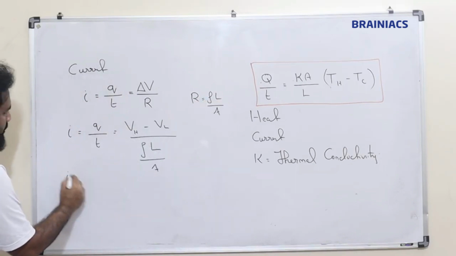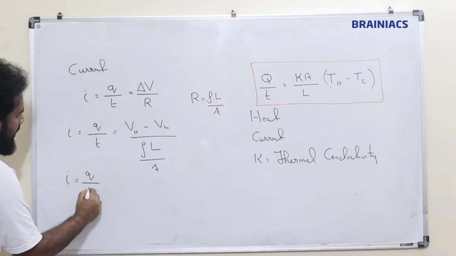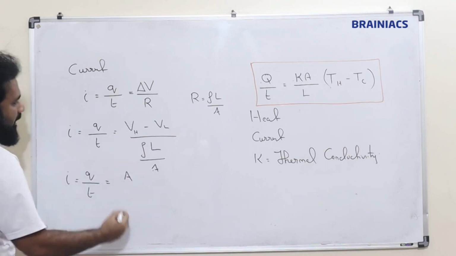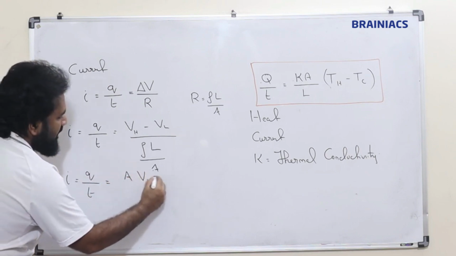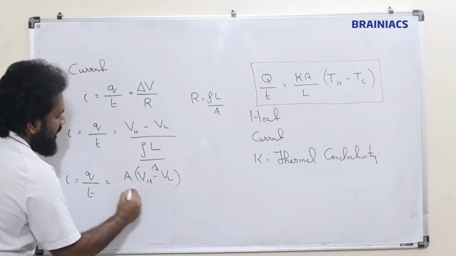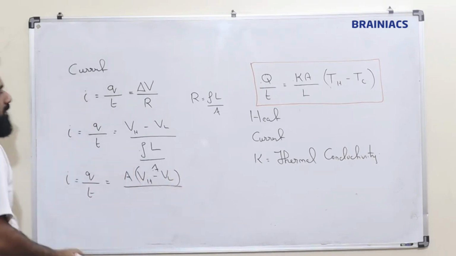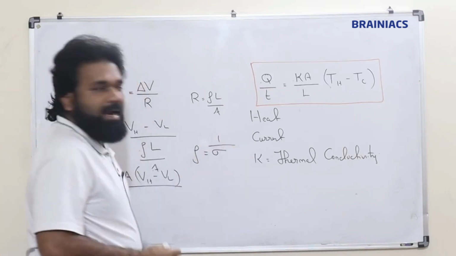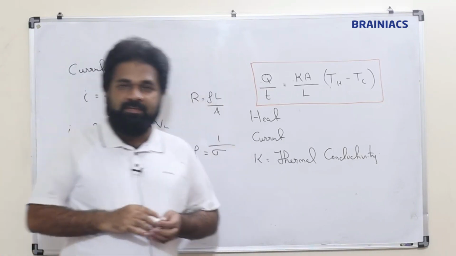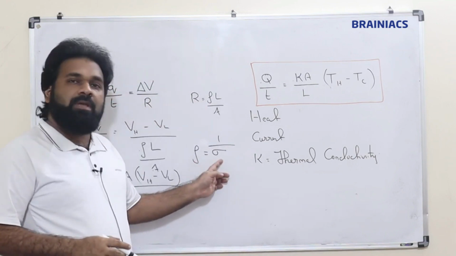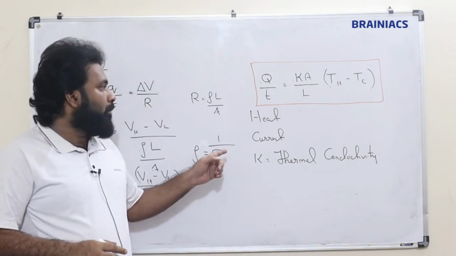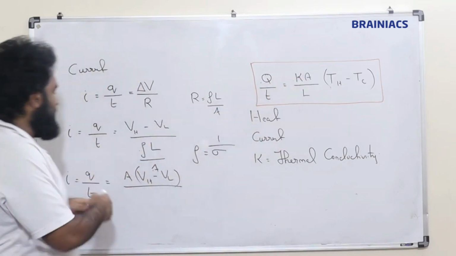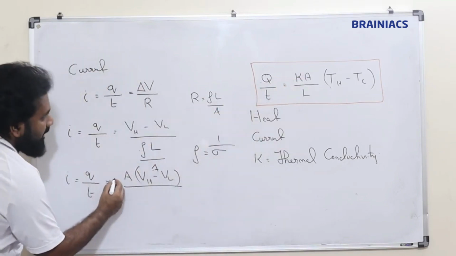Now again, I is equal to Q by t, and this A I am putting here: VH minus VL divided by L over sigma A, since rho is the reciprocal of conductivity. Rho is resistivity, sigma is electrical conductivity, and here we have thermal conductivity.